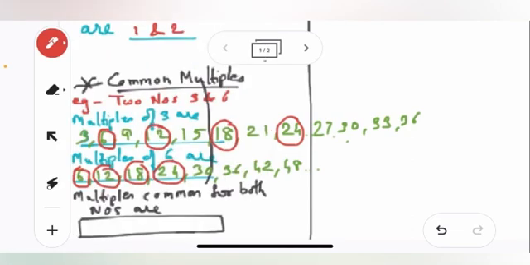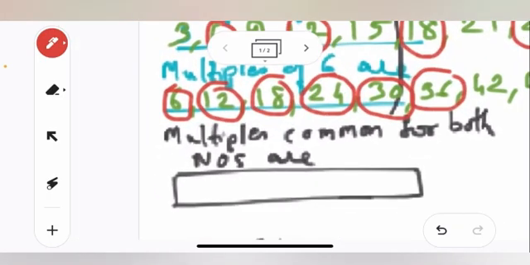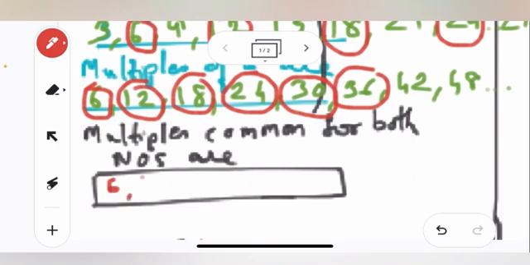Here again, 30 is common, 36 is common. So these are the common multiples for 3 and 6. So they are called common multiples. You can write the common multiples are 6, 12, 18, 24, 30 and so on.